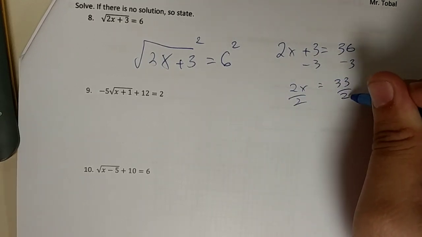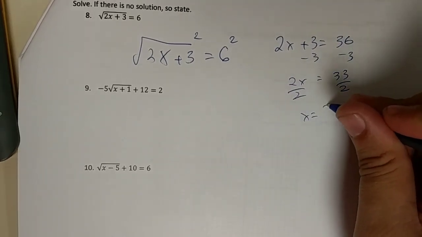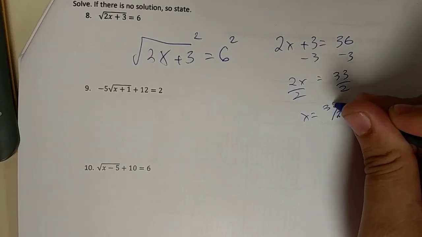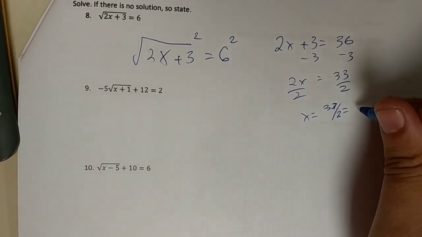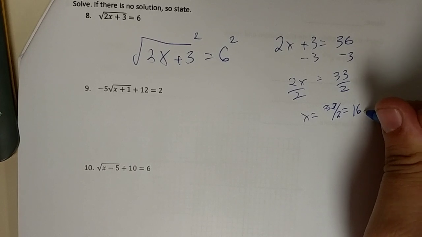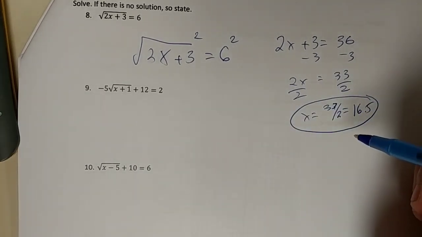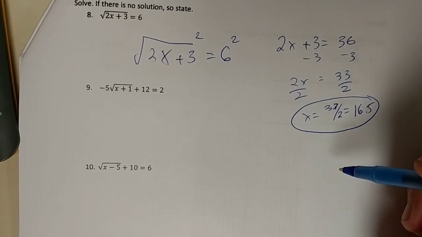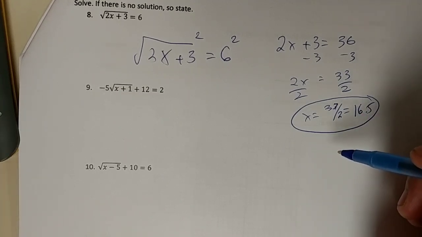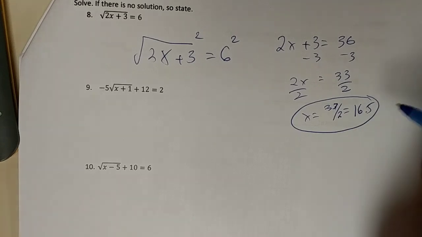Divided by 2, divided by 2. X equals 33 over 2. Or that would be 16.5. In a multiple choice question, I think I would leave it as a fraction. But both are useful to know.